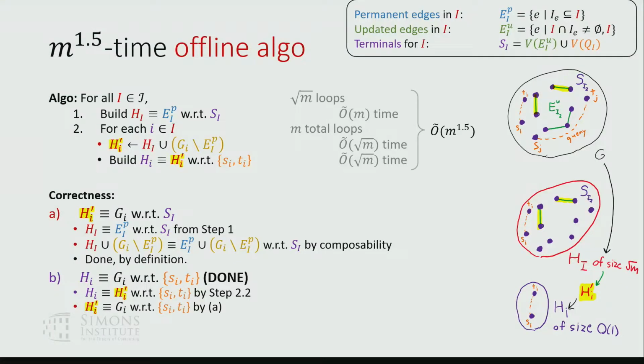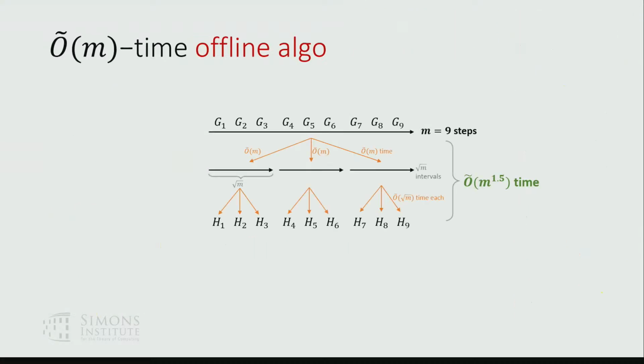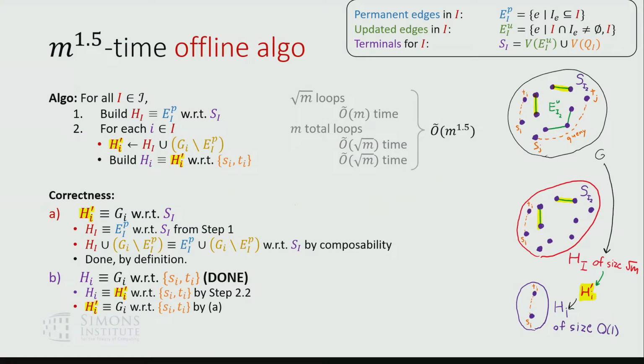So the total time is m to the 1.5. Quick question. To build in the last step, do you compute the MST for comparison? Yeah, you can. You compute an MST and just compress it to one edge.